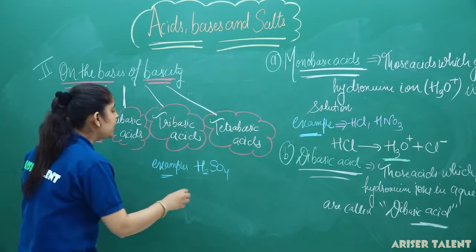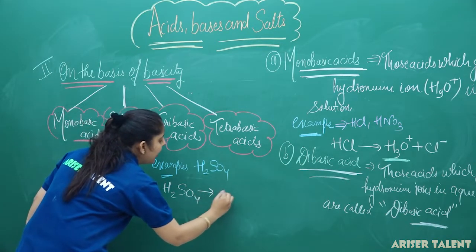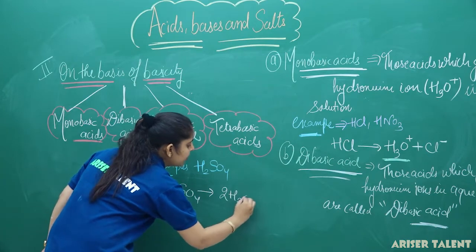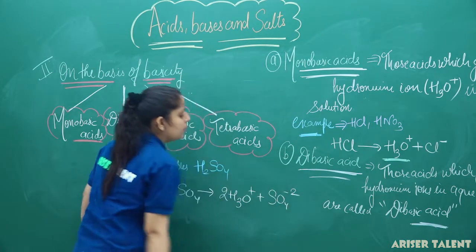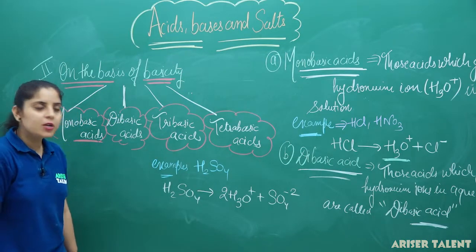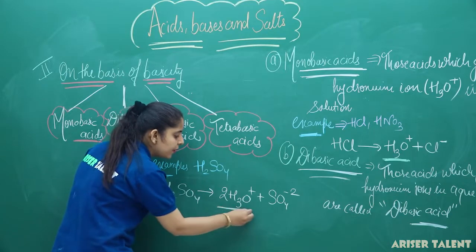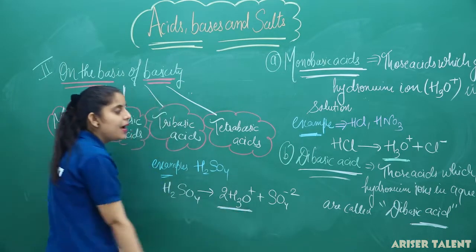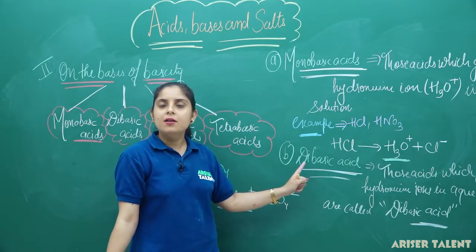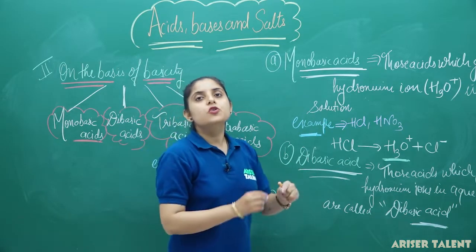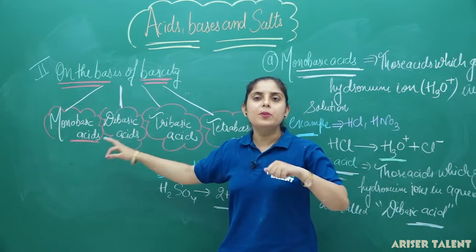If I dissociate this compound, I will get 2H3O positive plus SO4 minus 2. So in the aqueous solution, it is capable of giving 2 hydronium ions, and we can say that it is a dibasic acid. Clear? So on the basis of basicity, we have discussed the monobasic and dibasic.